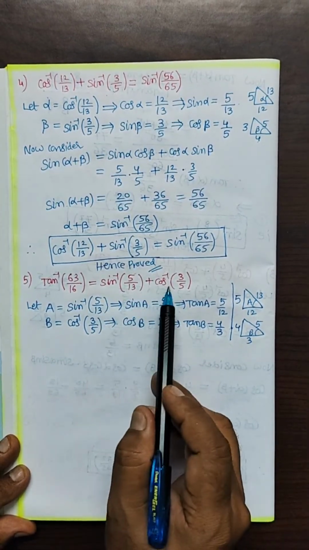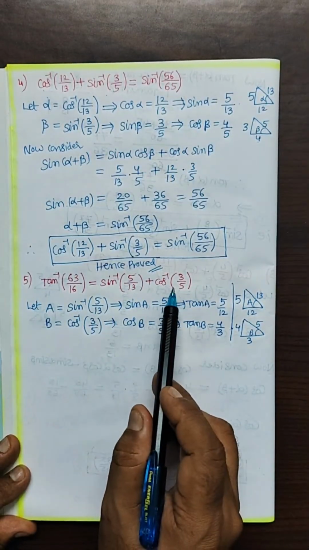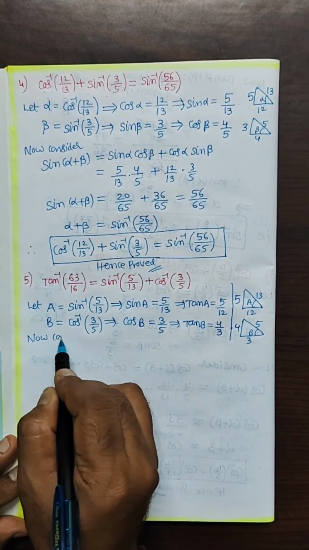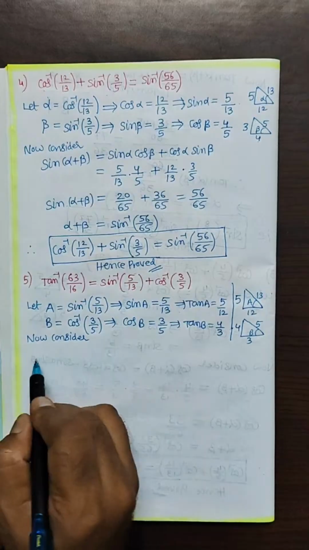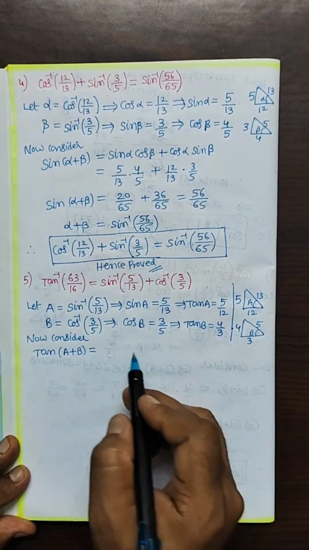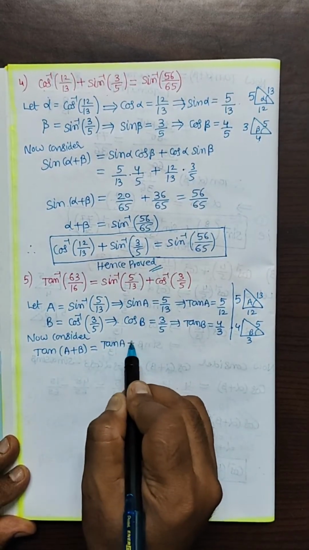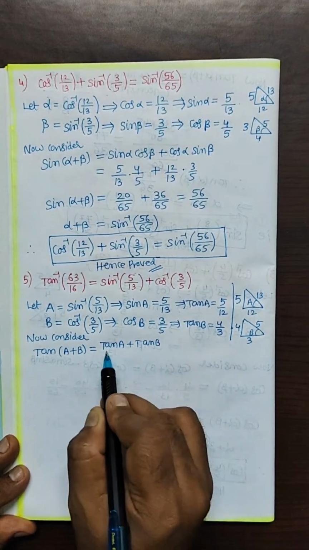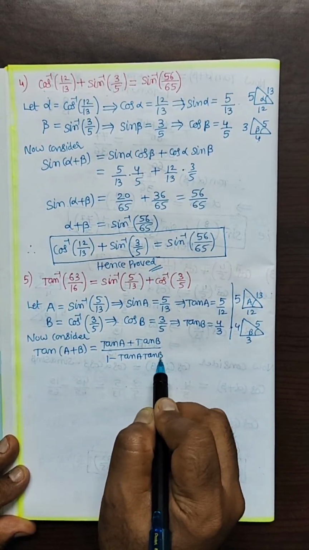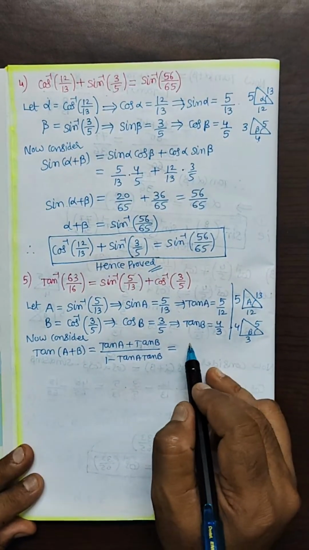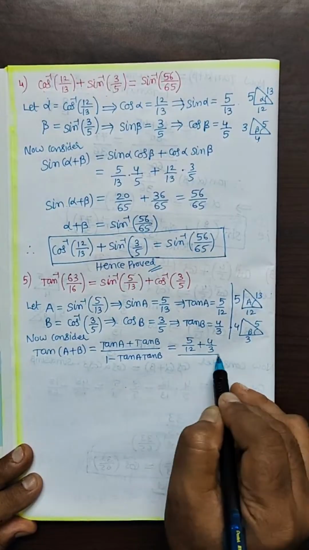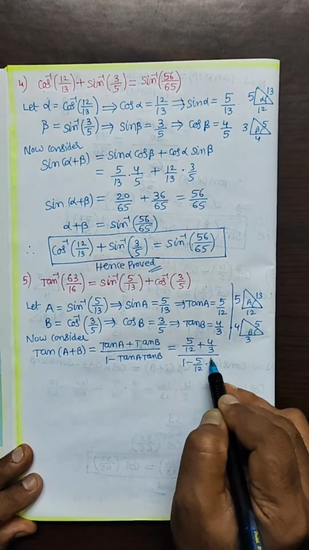So this is A, this is B, A plus B. Tan inverse bring this side means tan of A plus B will come now. So now consider tan of A plus B. So for what reason we are considering tan of A plus B? I hope you understand. Tan A plus tan B divided by 1 minus tan A tan B. That is equal to 5 by 12 plus 4 by 3 by 1 minus 5 by 12 into 4 by 3.